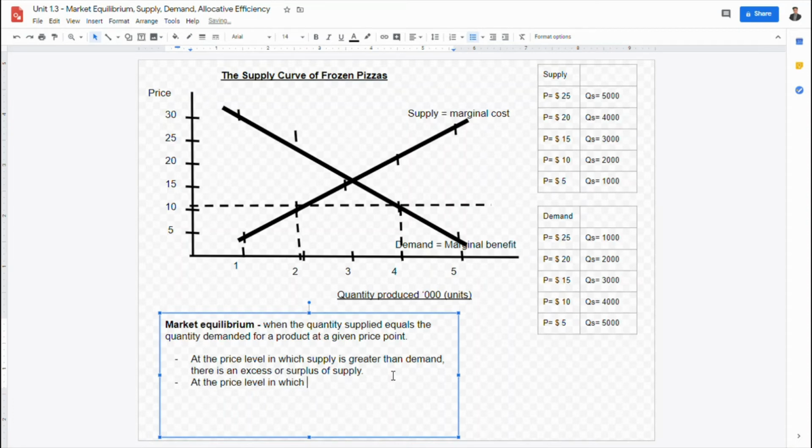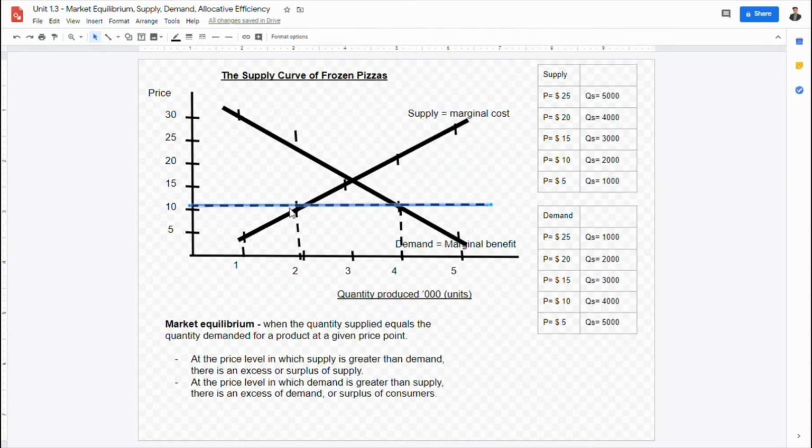At the price level in which demand is greater than supply, there is an excess of demand or surplus of consumers. So at the price level of $10 per pizza unit, there are more consumers willing to buy pizzas right here than producers are willing to produce.